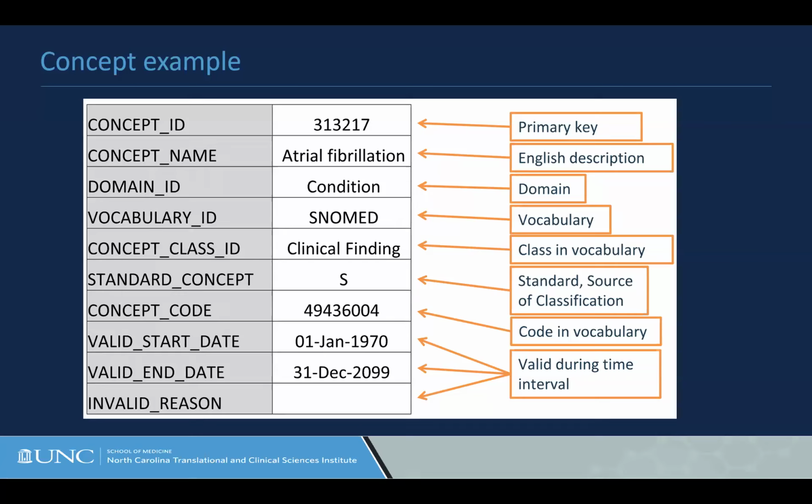And then concept code is one of the terms that OMOP uses to identify the source. So were this an ICD code, that concept code would be the actual ICD code, and then a valid start date for the code, a valid end date, and any reasons that this code is invalid or any situations where this is invalid.